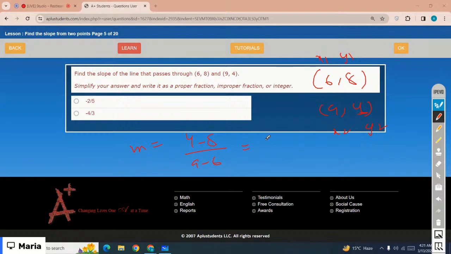So 4 minus 8 is negative 4 and 9 minus 6 is 3. So the slope is negative 4 over 3. Option number 2 is the correct option, right? So the correct option is negative 4 over 3.